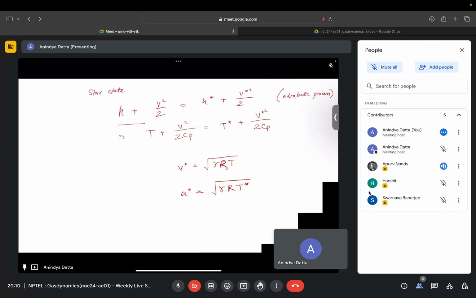Yes, sir, in that there's one long expression, delta s by R. Inside there was one logarithmic expression with three brackets. I tried expanding it, but the final expression I'm getting is in terms of M square. So I just wanted to confirm from you.